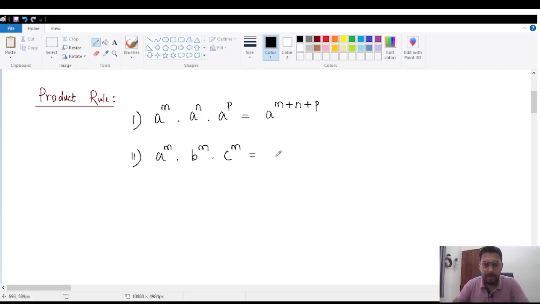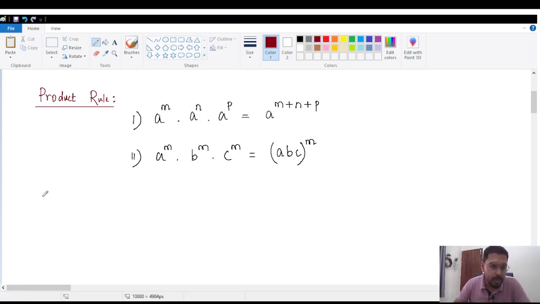In that case we are not going to add the exponents, but we are going to multiply all the bases together, putting the same exponent. So both of these come under this rule. One where the bases are the same, in which case exponents are added. One where the bases are different and exponents are the same, in which case the bases are multiplied. This is rule number one.